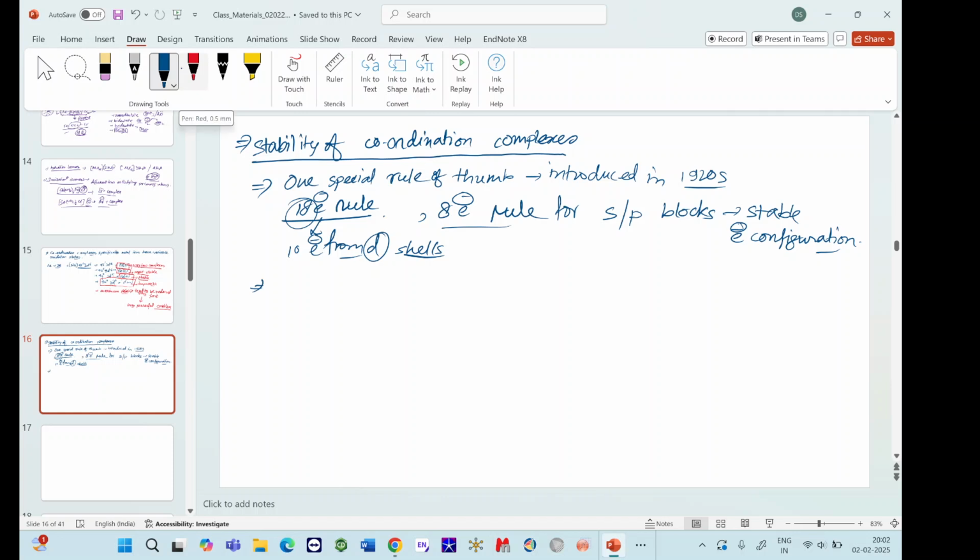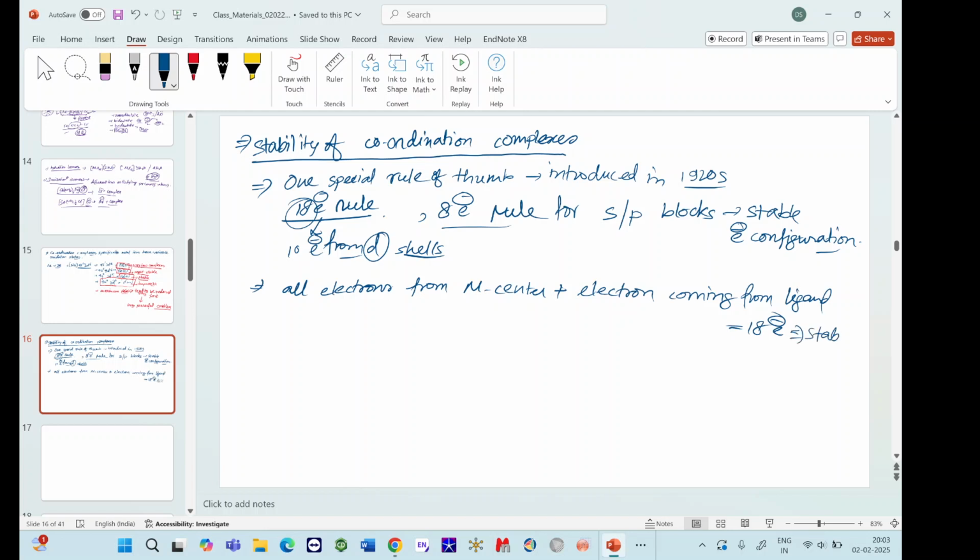The rule is like all electrons from metal center plus electrons coming from ligand. If this equals 18 electrons, then it will be stable.